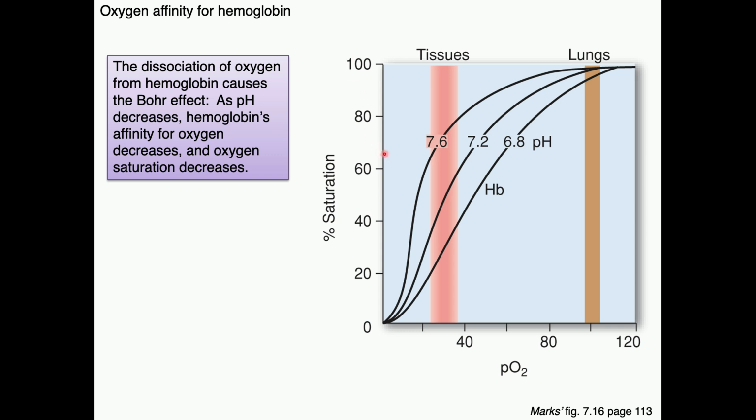And if you have a very low concentration of oxygen, then 0% of your hemoglobin is going to be bound to oxygen, right? And then at intermediates, some percent of your hemoglobin is going to be bound to oxygen or not. Now, we would think, well, hemoglobin's job is to bind oxygen, right? So we want it to have very high affinity for oxygen. That's a desirable thing, right?